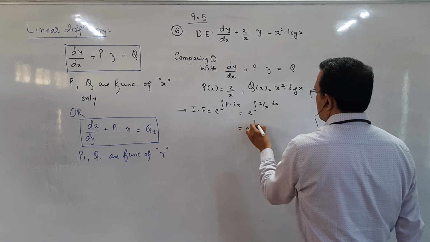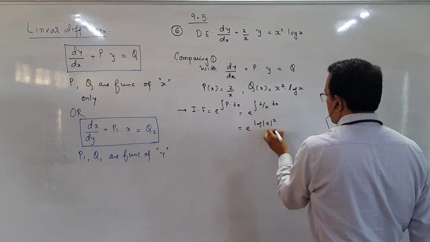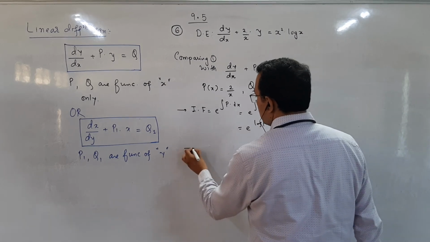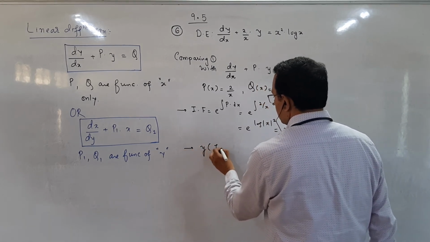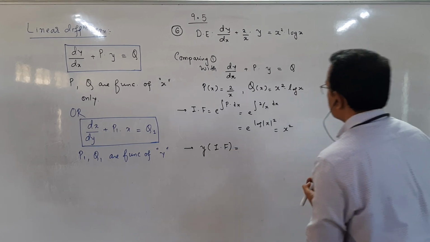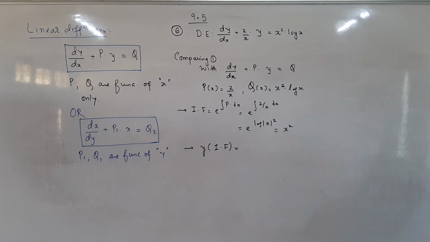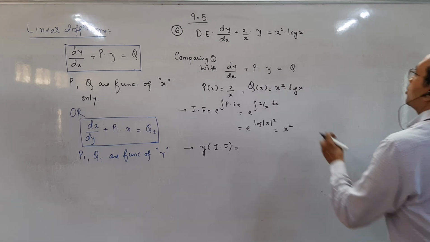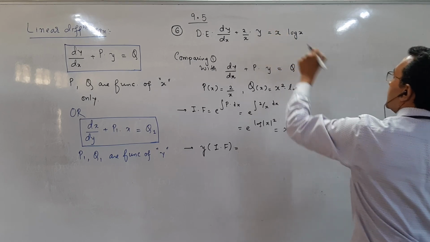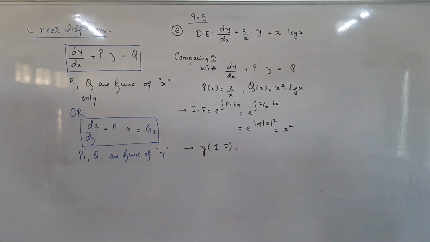So e raised to log mod x square, which is equal to x square. So y into integrating factor, students, y into, sorry, I forgot to divide by x here, sorry students, I should have written here x square.